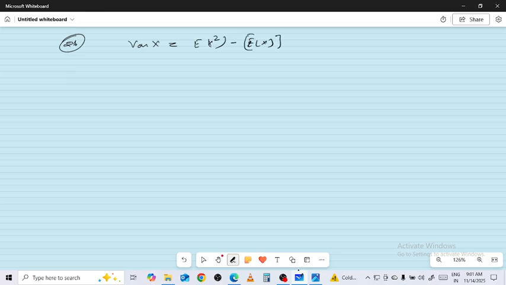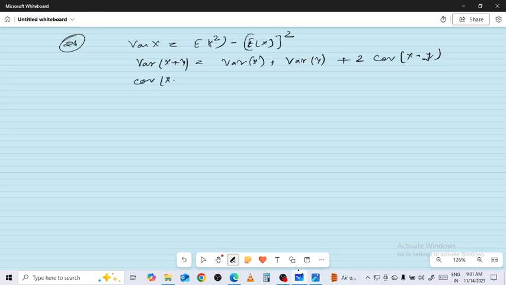Variance of x plus y is equal to, according to the formula, variance of x plus variance of y plus 2 times covariance of x and y, and covariance of x and y is equal to expectation of xy minus expectation of x times expectation of y.